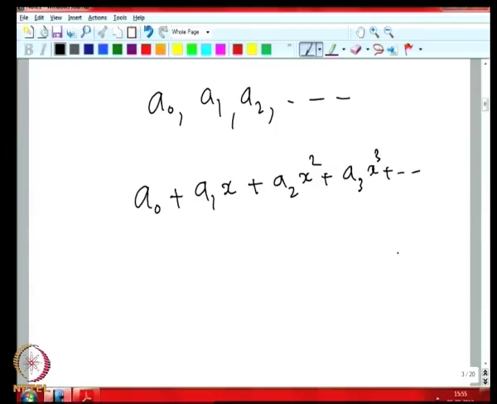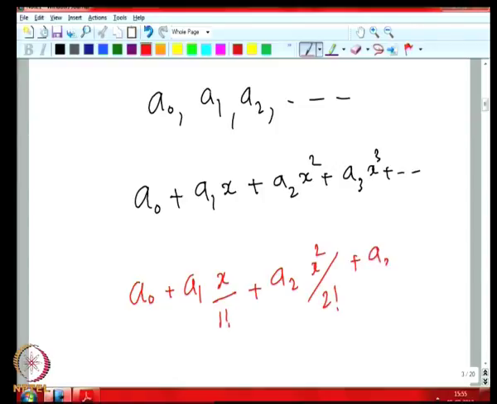Here the difference is that the exponential generating function is a0 plus a1 into x by 1 factorial plus a2 into x square by 2 factorial plus a3 into x cube by 3 factorial and so on, right. So an will be the coefficient of x raised to n by n factorial here. So, that is the difference.